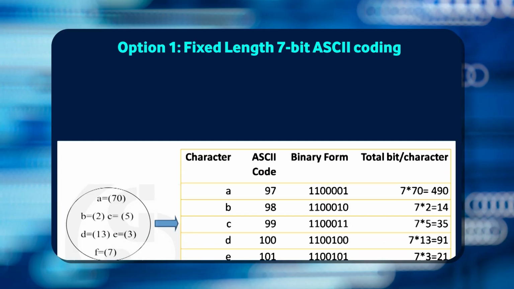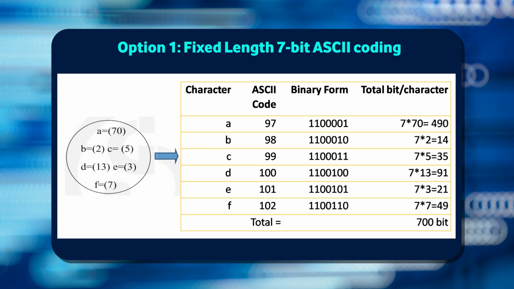So, suppose we follow a typical option, which is 7-bit ASCII coding. We assume that we are using 7-bit ASCII coding and there are 100 characters, 100 alphabets, going to be there.